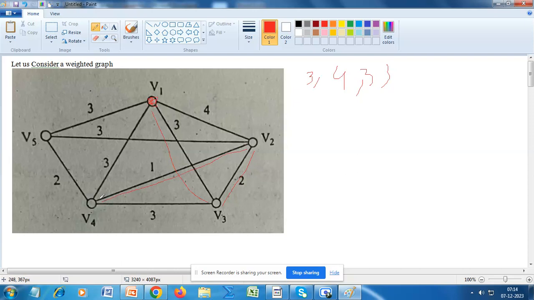And again collect the weights and choose minimum weight, but do not form a cycle. Okay, next V4, V5, which is the minimum weight.